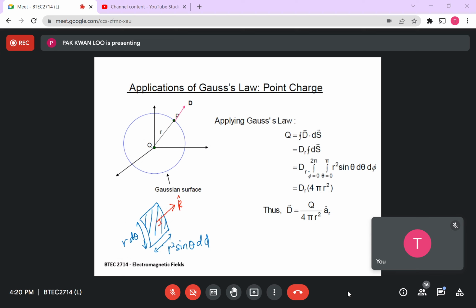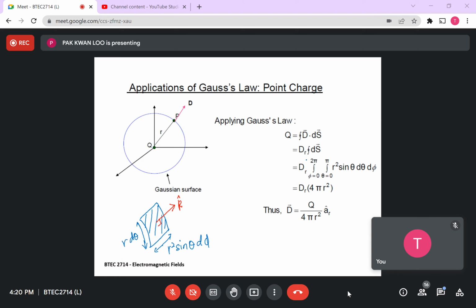The index given here just indicates that the direction of the electric flux is in the radial direction. And this is Q, right? So eventually D, the electric flux density, is equal to Q divided by 4 pi r squared.